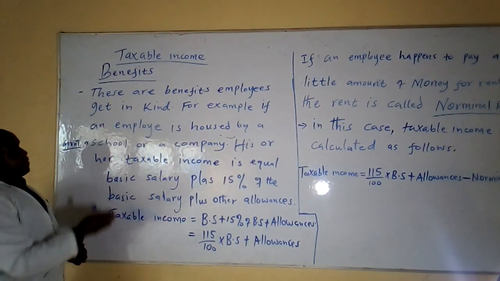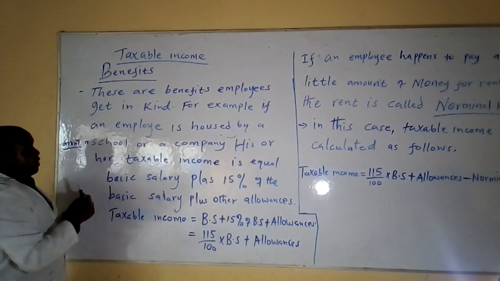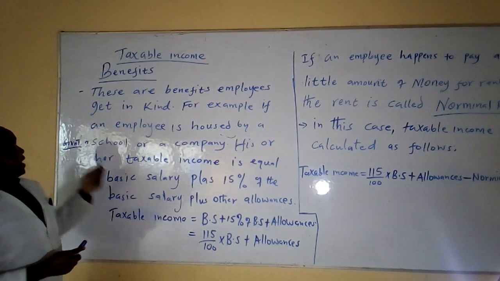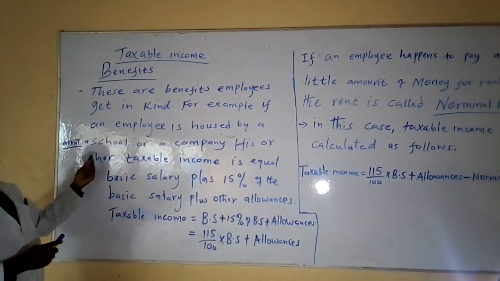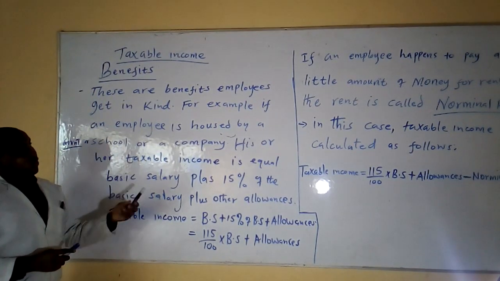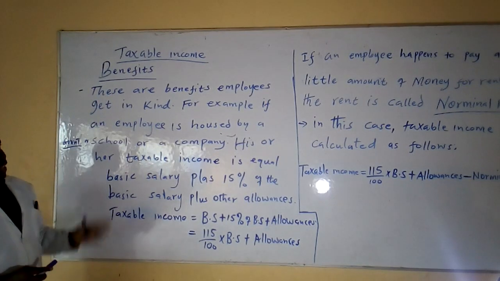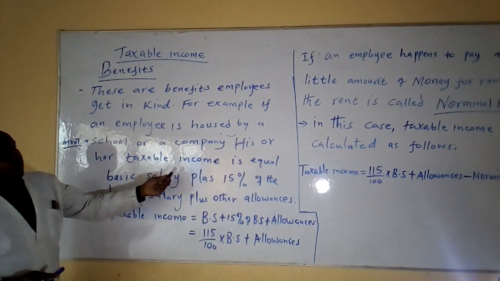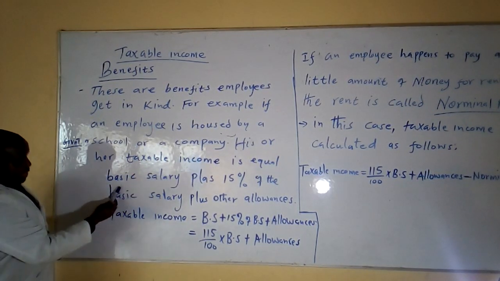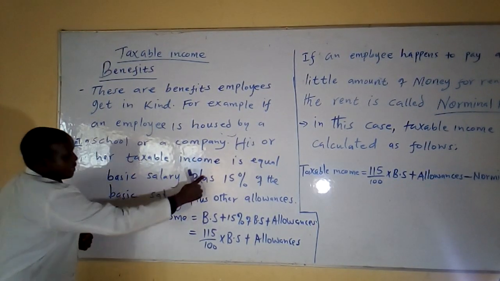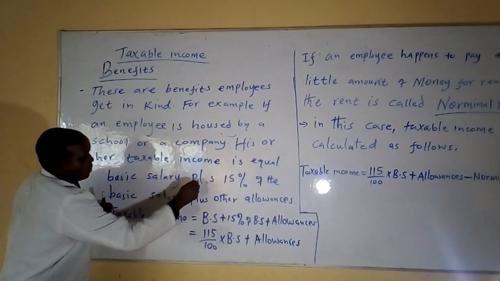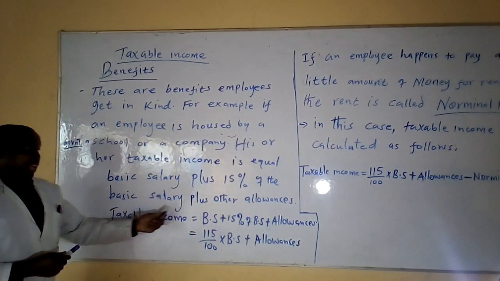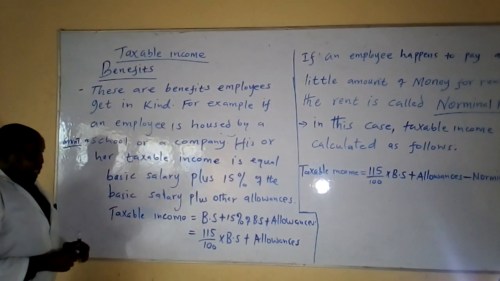For example, if an employee is housed by a government or a school or a company, then his or her taxable income is equal to basic salary plus 15% of the basic salary, and then plus other allowances if they are there.